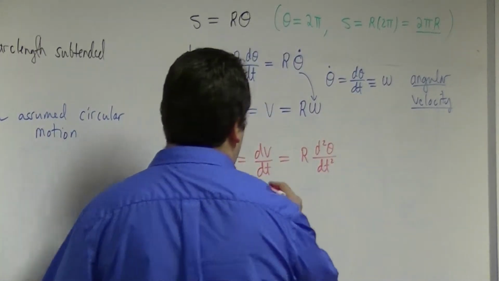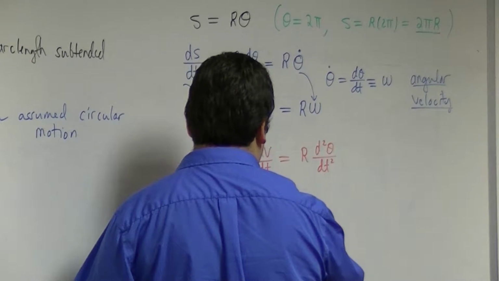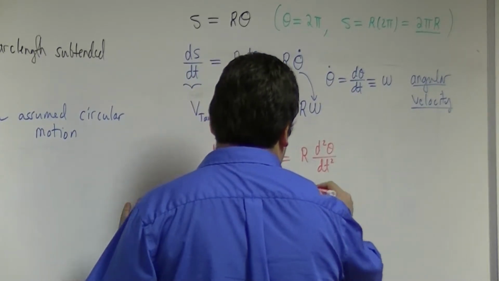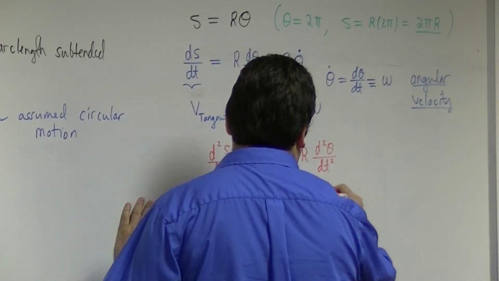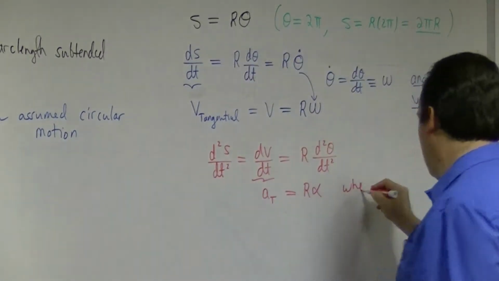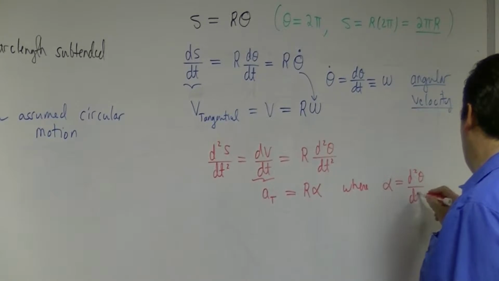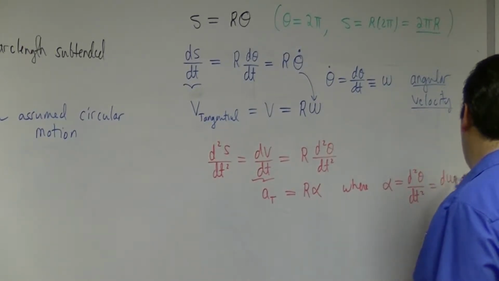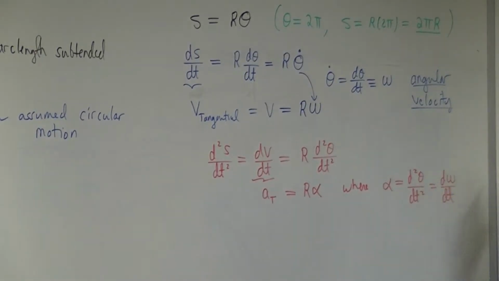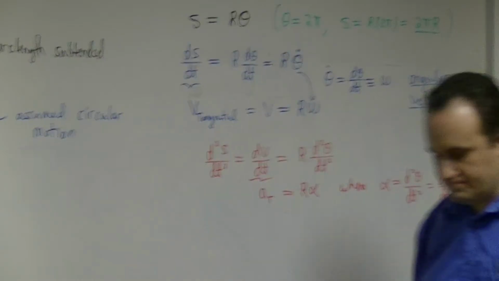Now, this right here is the so-called tangential acceleration, and that's equal to r times alpha, where alpha is defined to be d squared theta/dt squared, or if you prefer, d omega/dt. However you want to look at it, this is the so-called angular acceleration.